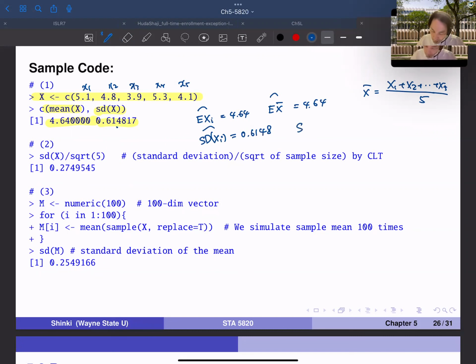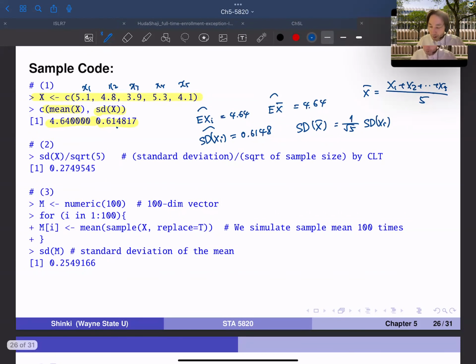Then what's the standard deviation of x bar? The standard deviation of x bar is actually 1 over square root of 5 times the standard deviation of 1 observation. If we take the average of 5 observations, then the variance becomes 1/5 times as large as the original.